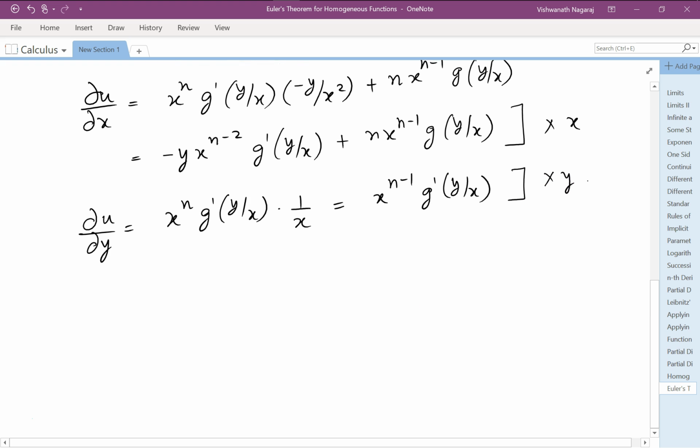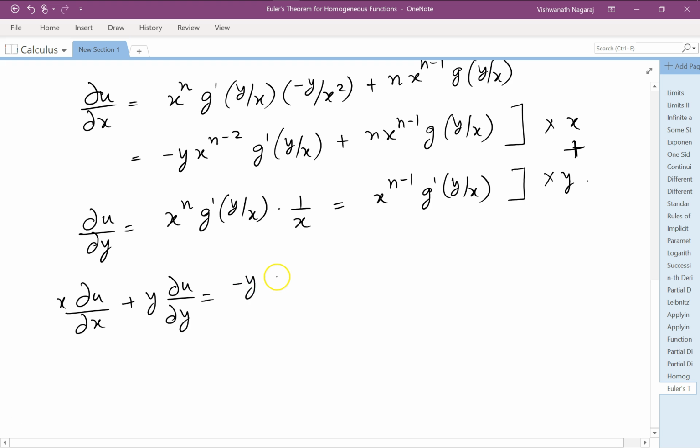So let's look at, if we multiply this with x and this with y, what do we get? We get x ∂u/∂x plus, and we add, y ∂u/∂y. Now let's multiply.